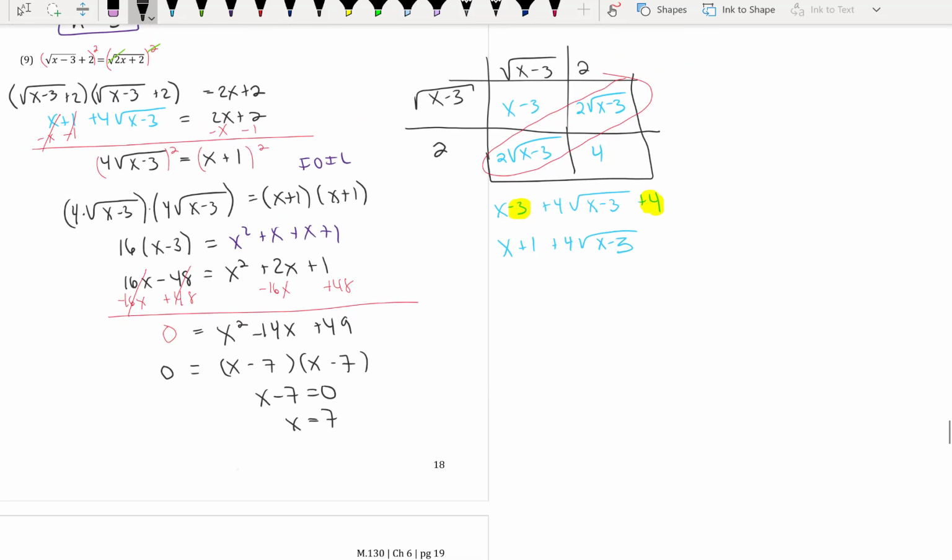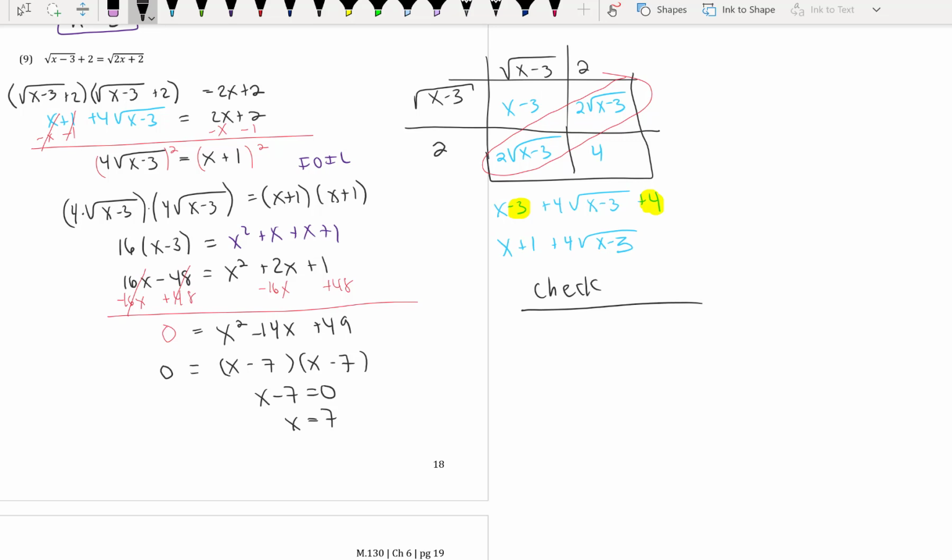And don't forget, at the very end, you definitely want to check your final answer. So in my original equation, I have x minus 3 inside my square root plus 2 is equal to 2 times my value plus 2, and all of that is in my square root.